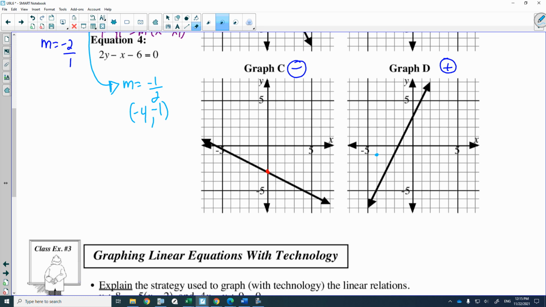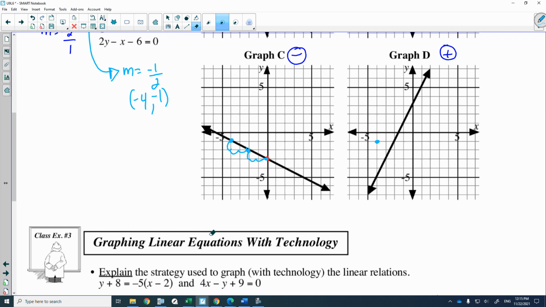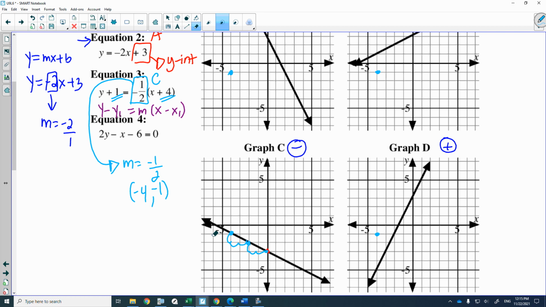Here's where it would be on graph D, and here's where it is on the answer, which is graph C. And then you could follow the slope. Down 2 to the right 1. Okay, so we've got A taken care of, and we've got C taken care of.